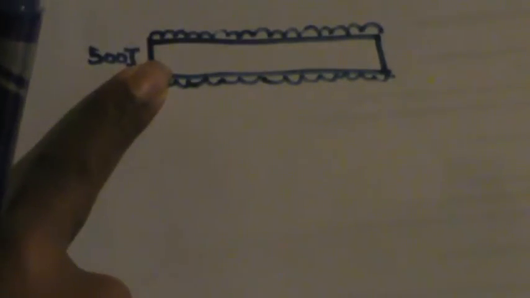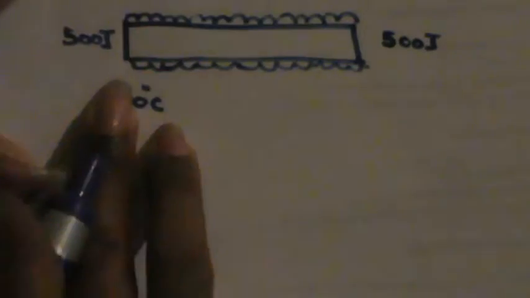Since no energy is dissipated, the total energy at the other end will also be 500 joules. But there will be a temperature difference. If the initial temperature when the heat was received here is 70 degrees Celsius, the temperature at the other end will not be 70 degrees Celsius because some energy is still present here.